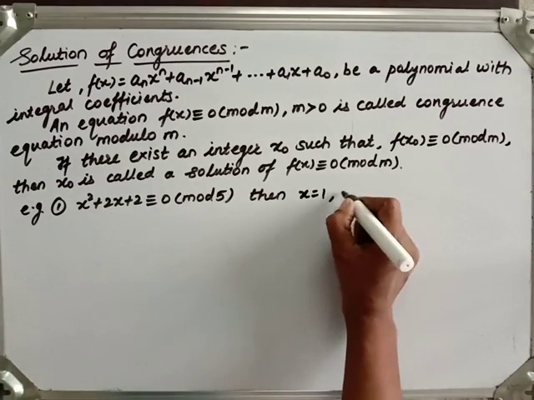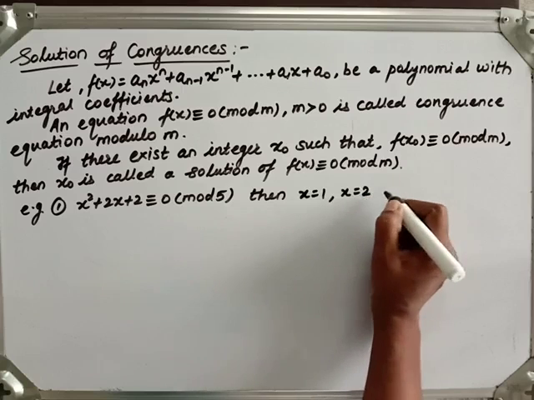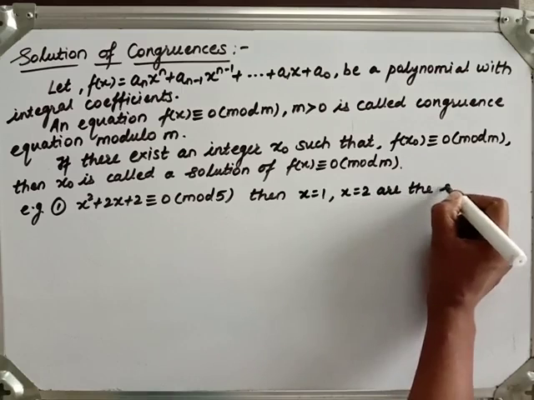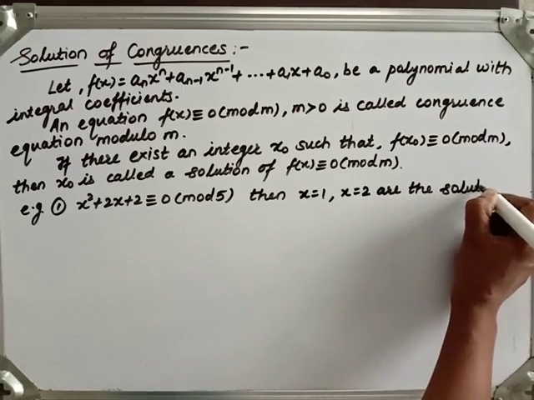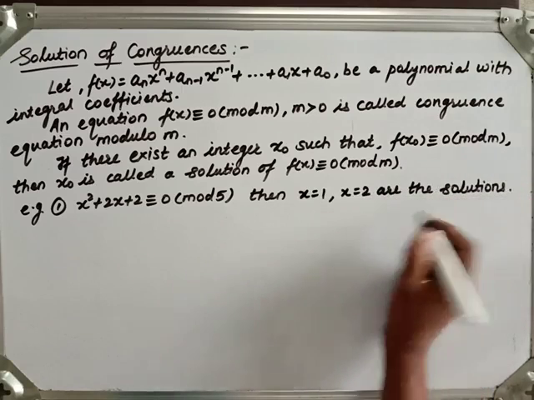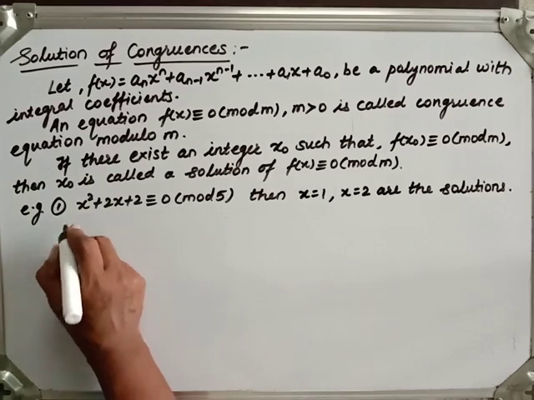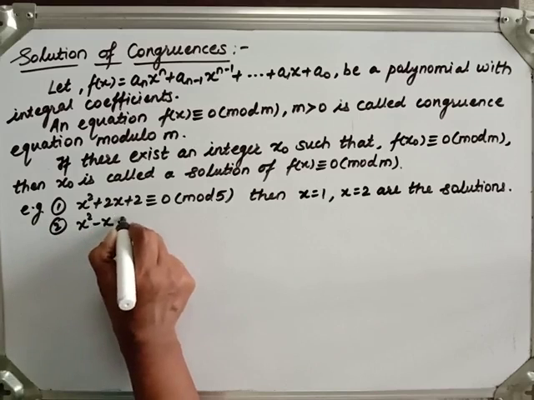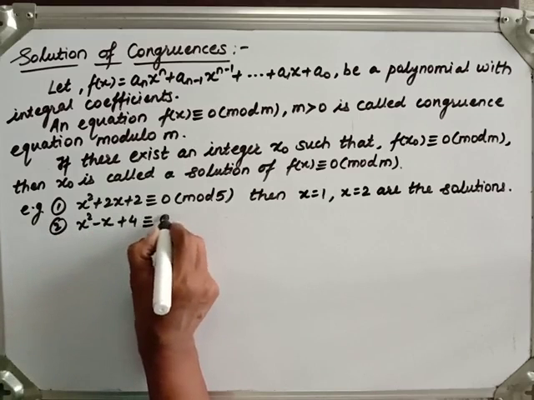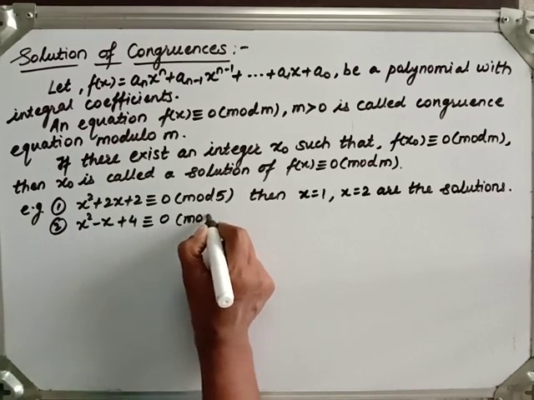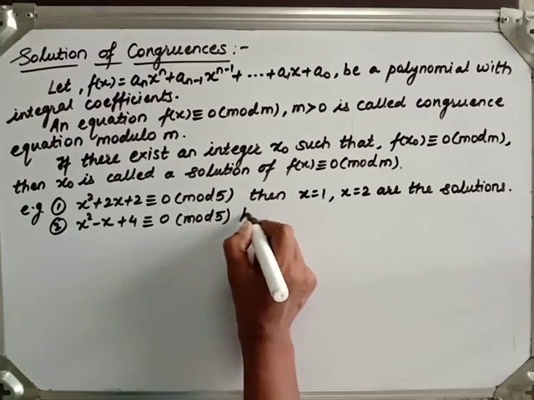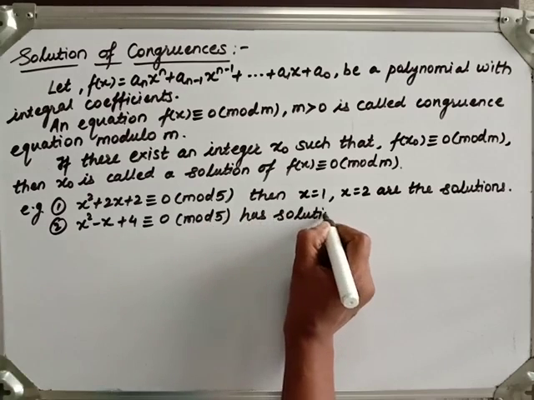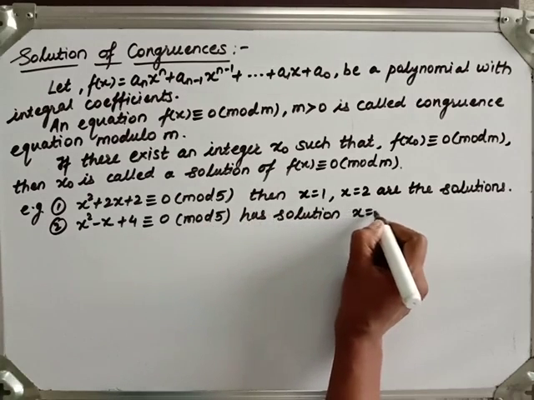Also x equal to 2 is also a solution of it. You can check on your own for x equal to 2. Again, x square minus x plus 4 congruent to 0 modulo 5 has solution x equal to 3.